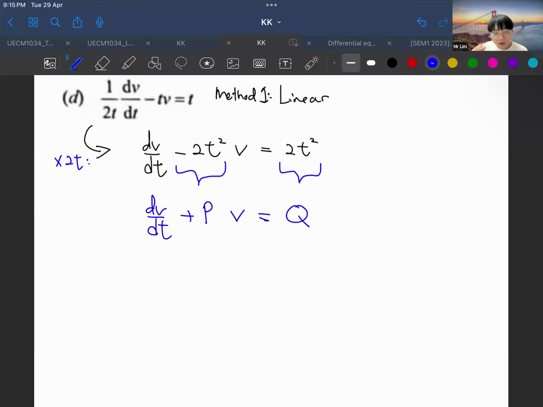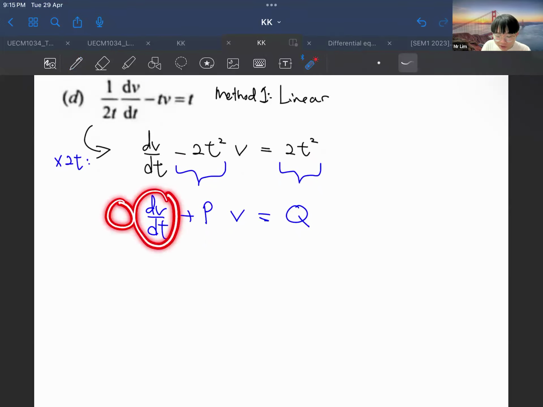Once you're able to put it into the general form, it means that dv dt in front here has a coefficient 1. I don't want to have any other thing like this.